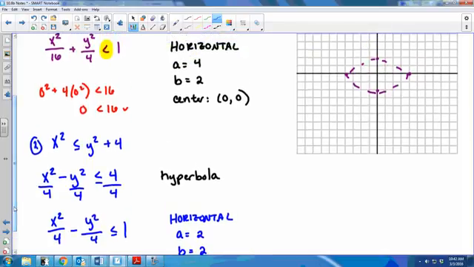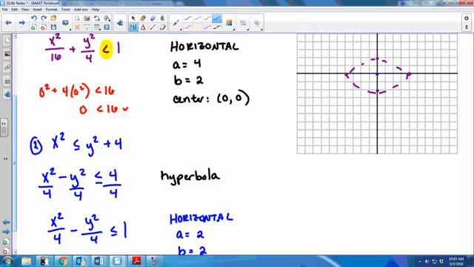Now, generally, we have to graph the asymptotes. I'm going to shortcut that today for you. We're going to start by graphing the center, and then we're going to graph that imaginary box. Remember hyperbolas have that imaginary box in the middle? If I graph the imaginary box, then I can graph the asymptotes, because they go through the corners of the imaginary box. That way I know how wide those branches are supposed to be.